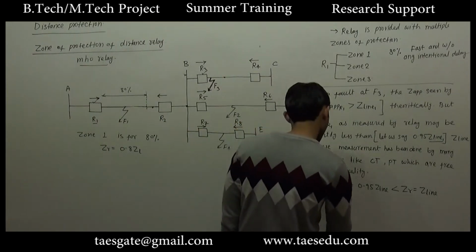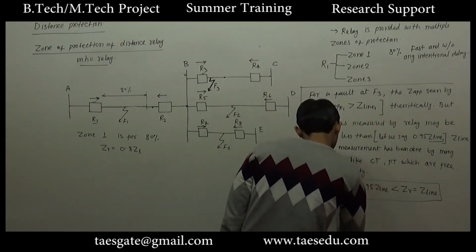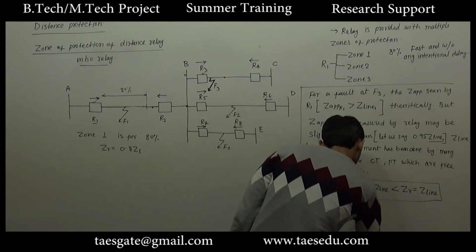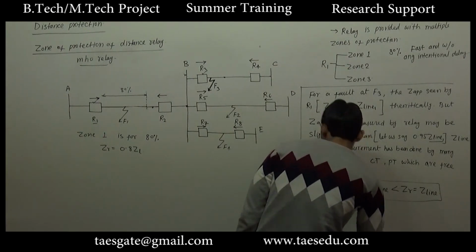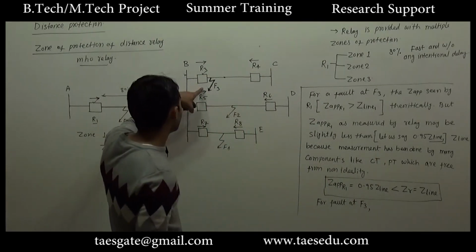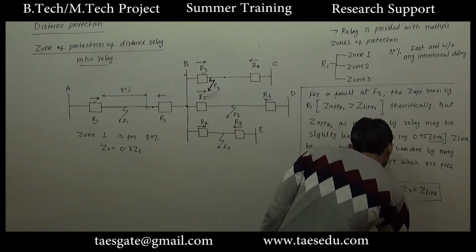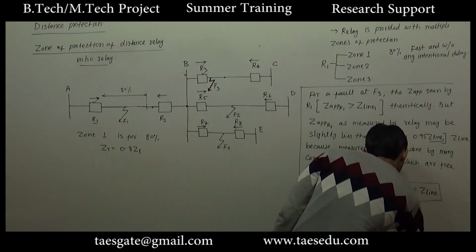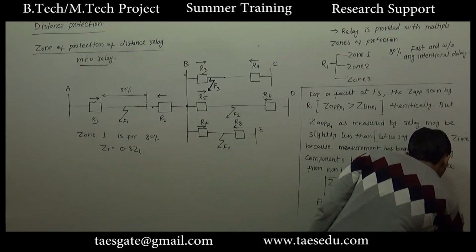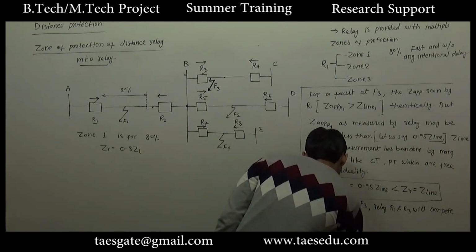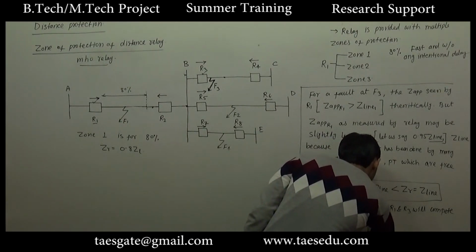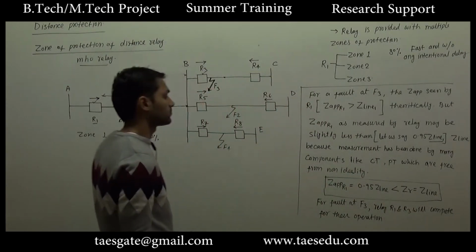In this case, for a fault at F3, relay R1 and relay R3 will compete for their operation, which is not desirable.